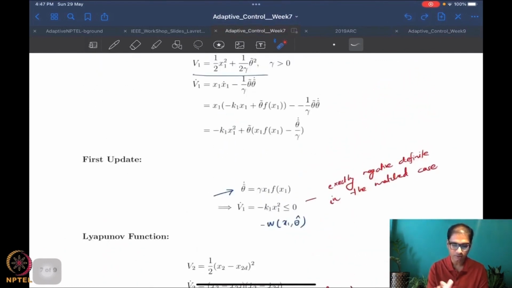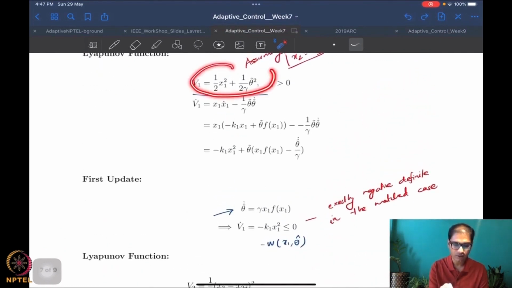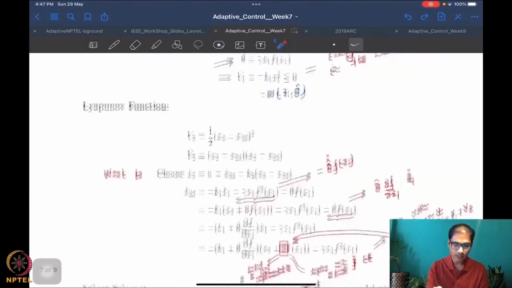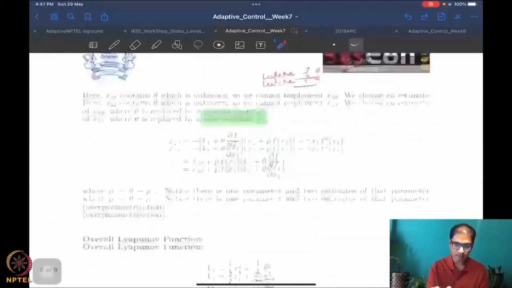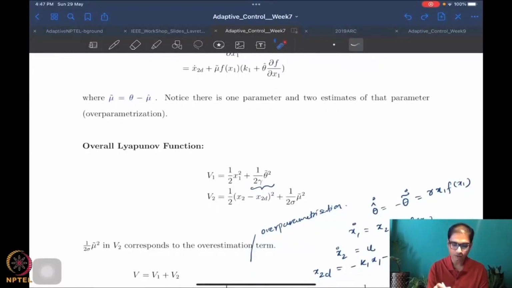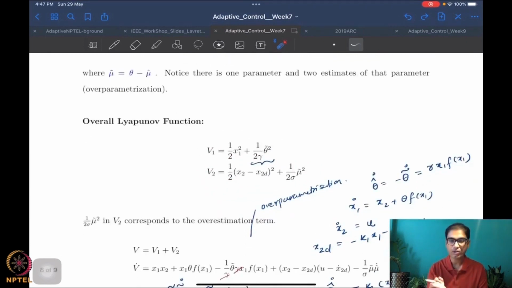Because v1, if you remember, was the original function here, and so we take our overall Lyapunov function as just this guy added with this, which is exactly what we are talking about now, because this is the backstepping error term squared, and then there's a square in the new parameter error.